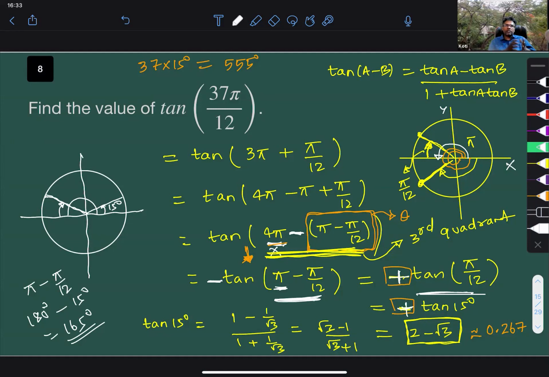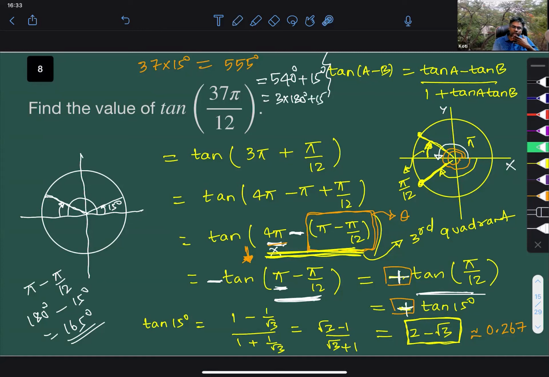Now, another thing: once you get these degrees, let's say the closest multiple of 180. The closest multiple of 180 will be how much? 540, right? 540 degrees plus 15 degrees. How much is 540? It's 3 into 180 degrees plus 15. Now think about it.